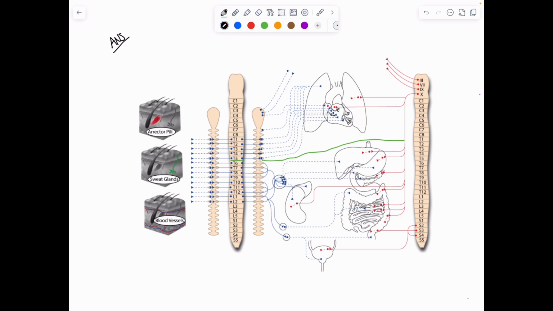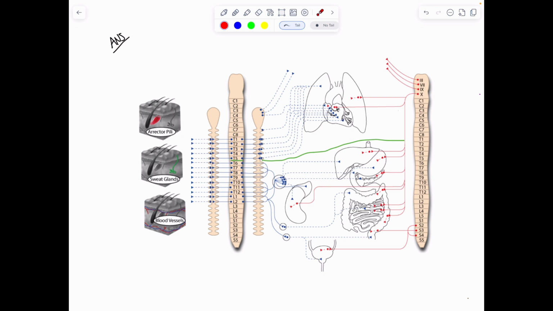And one thing that I forgot to mention before we got into this is a big difference between the autonomic nervous system and the somatic nervous system is the autonomic nervous system has two neurons where the somatic has one. And so we have here, let me circle it. So right here, for example, is one neuron, and then another's here.